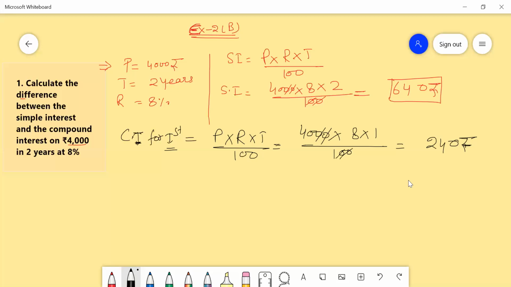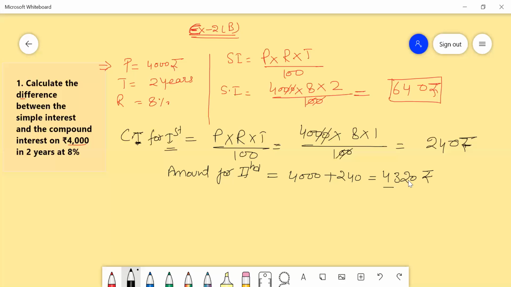Now the amount for the second year will be the 4,000 principal of the beginning plus the compound interest for the first year, that is 4,320 rupees, right?